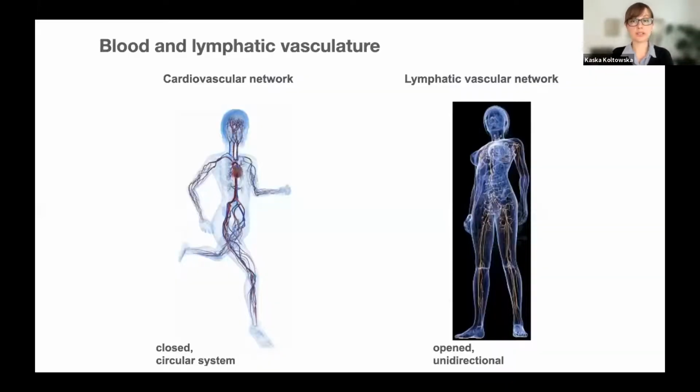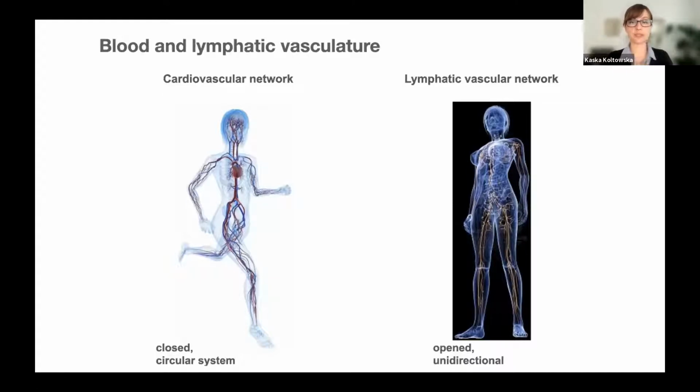And so why do we study lymphatic vessels? As we all know, there are 2 vascular systems that span our body. One is the cardiovascular network, which is a closed circular system. And as we all well know, it's essential for distributing nutrients as well as oxygen throughout our body. And although it's vital for our survival, actually it's not such a perfect system, as it is quite leaky.